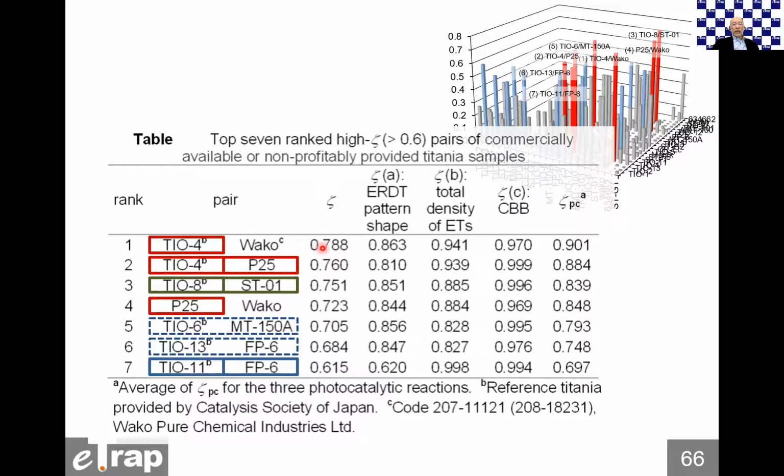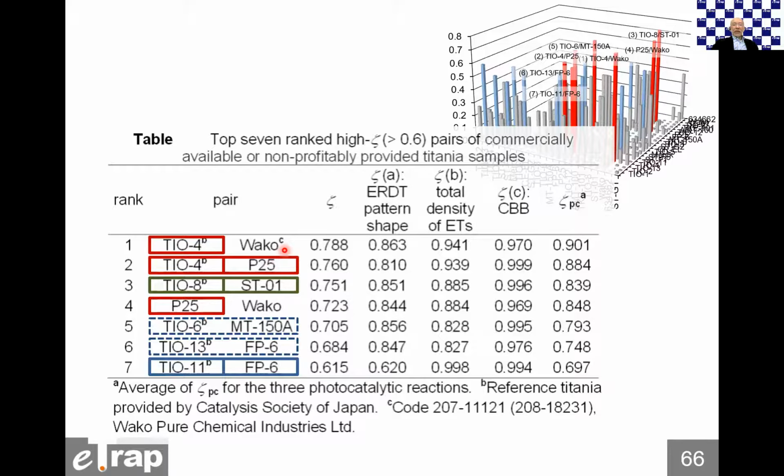And they show a high zeta value. The important point is this WACO sample. The WACO sample is similar to TiO4 and also similar to P25. And TiO4 and P25 are the same. So WACO provided the titanium sample under their own code name, but that is just P25.